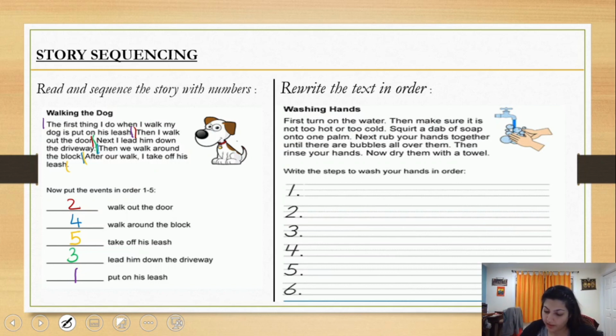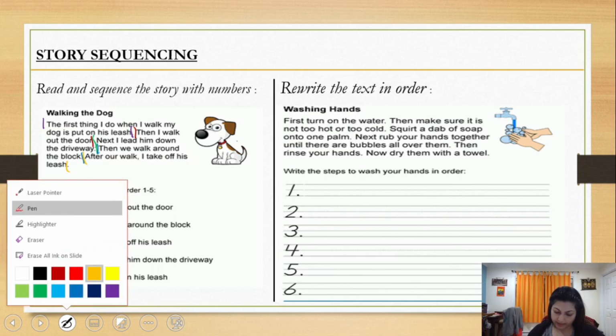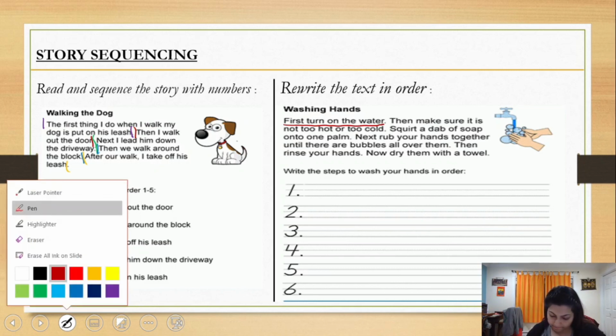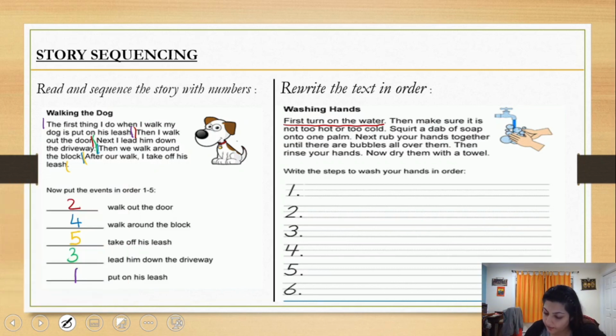Next type is rewrite the text in order. So same thing, you just mark them and then write them. So I'll just mark them, so that you know how to write it. And I like color coding them. First, turn on the water, then make sure it is not too hot and cold.